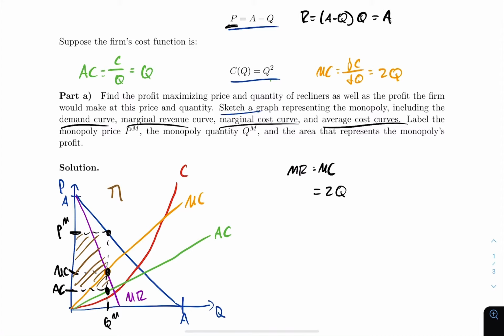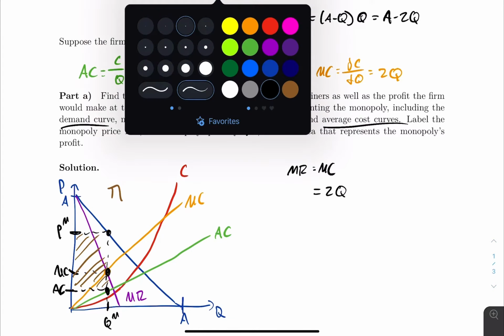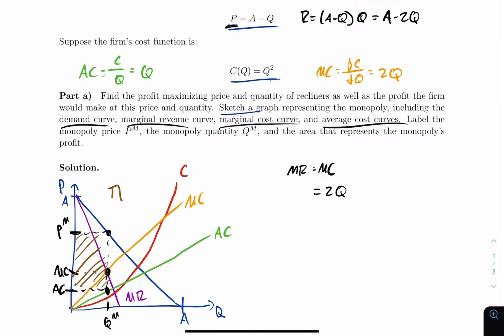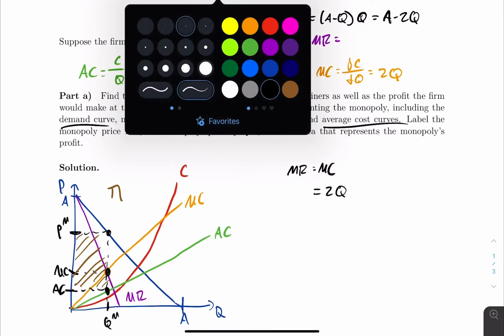So we have A minus 2Q. So our MC, or MR, is equal to the first derivative of this.